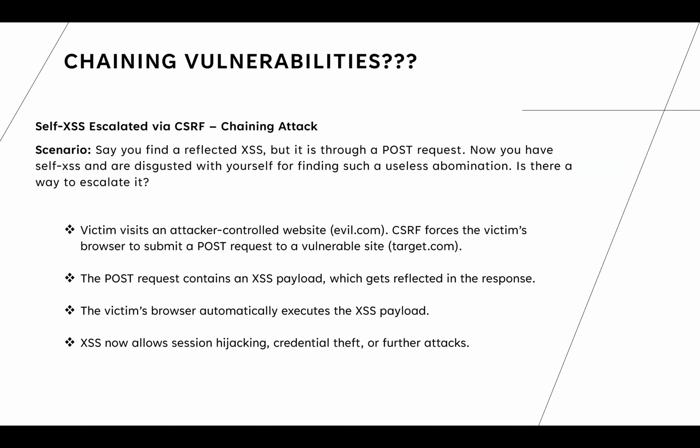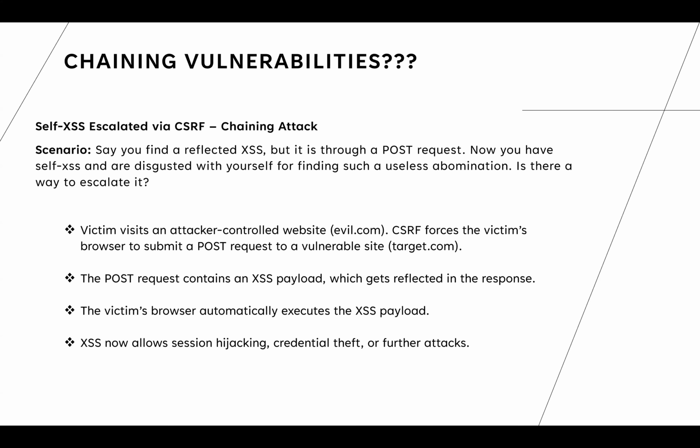Now into chaining vulnerabilities. Chaining vulnerabilities is a massive part of web attacks, and this is a small example of that. Similar to how we mentioned earlier, self-XSS is completely useless. What is the point? But if you find CSRF, you now have a way to get that self-XSS on the victim's site. Say you had self-XSS because your XSS was reflected, but it was in a POST request.